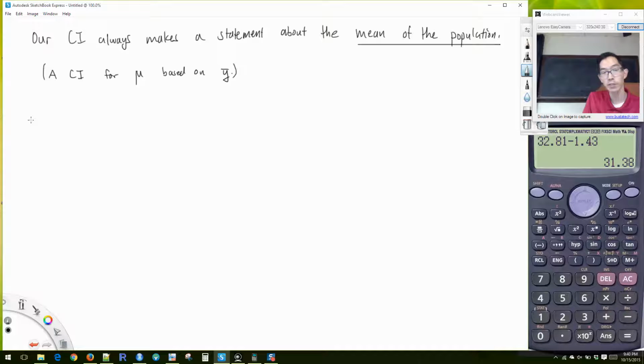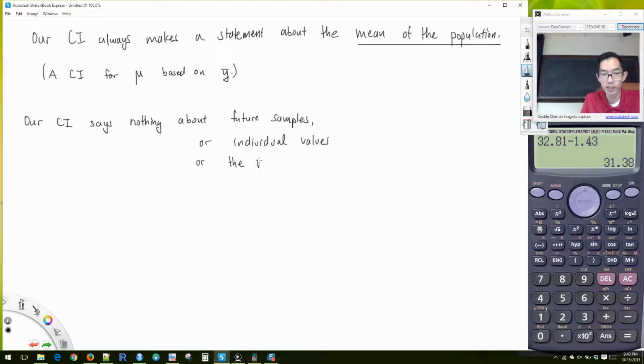So our confidence interval says nothing about future samples or individual values, or the mean of our sample.